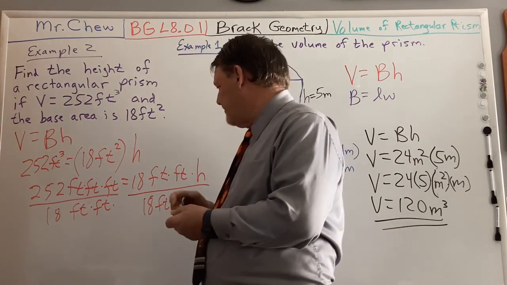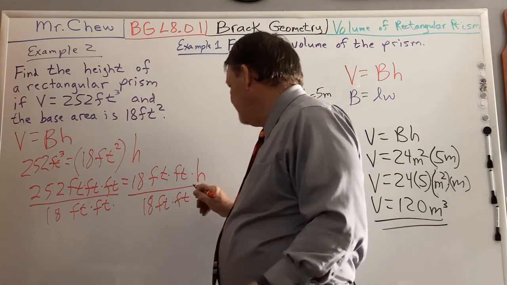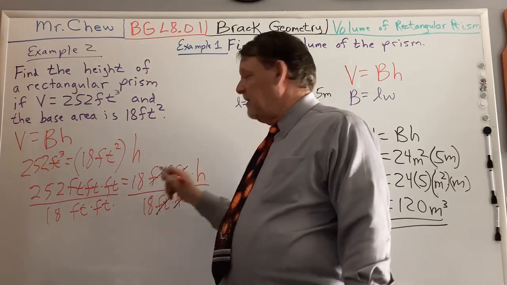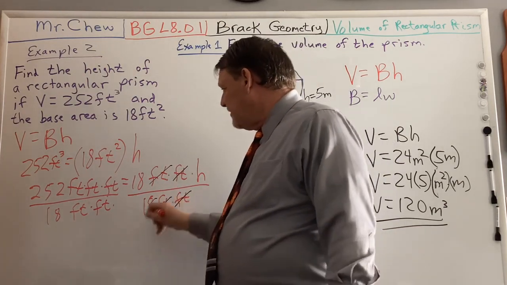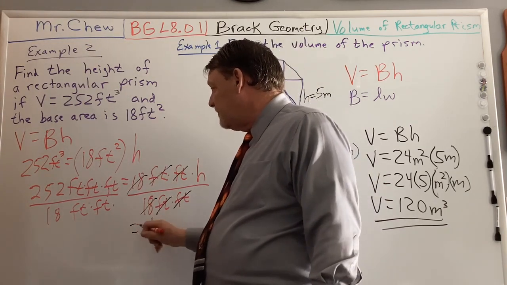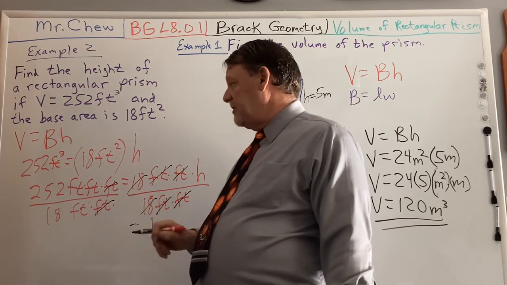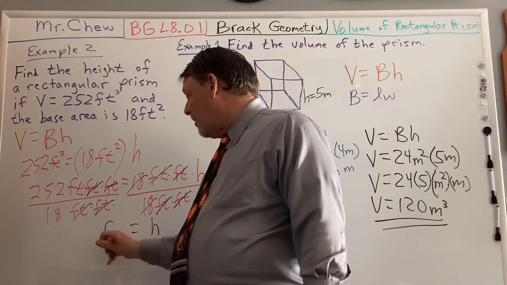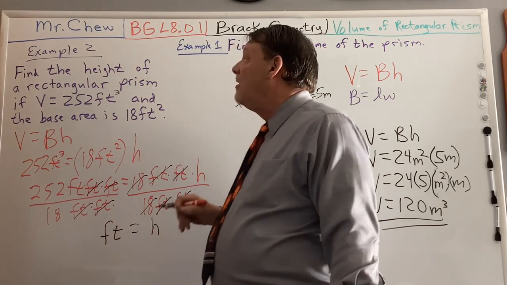And look what happens. That foot cancels. That foot cancels. The 18s cancel, and I just got my H, which is what I want. This foot cancels with this one. This foot cancels with this one. And we're going to have feet, which is what we want. It's a dimension of our height.